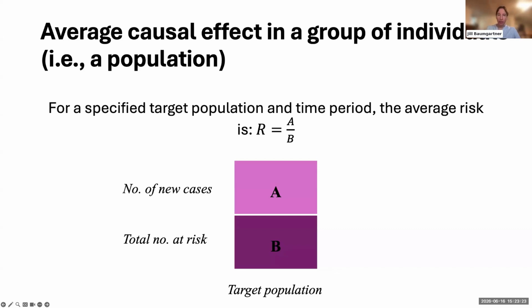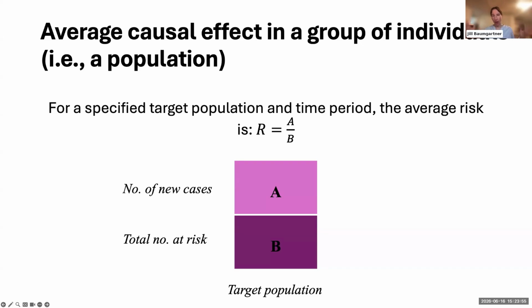So let's do another thought experiment to see what this might look like for a population using this concept of risk. Risk is something that we think a lot about in population health, where for a specified target population and time period, average risk is defined as the number of new cases for a given health outcome during a particular period of time divided by the number of people who were at risk, right?